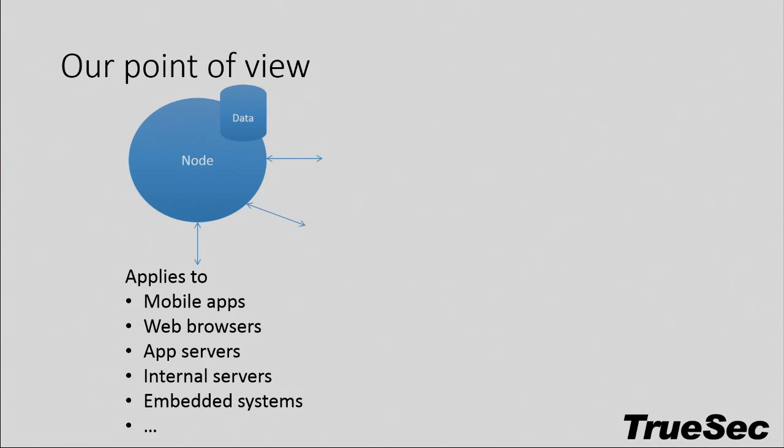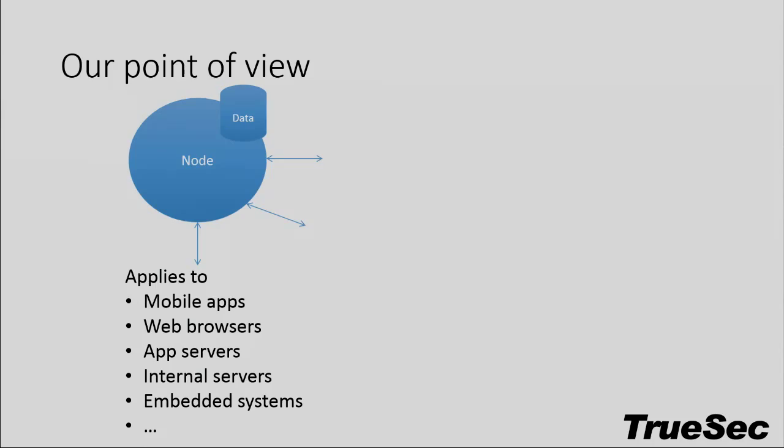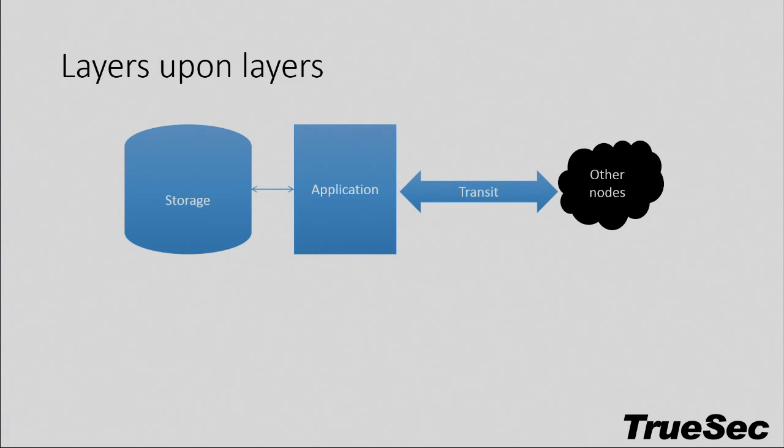So in this case, we could view it as nodes of some sort. Nodes that store data and communicate with the world, and that would apply to everything pretty much, to make it simpler or harder. So in this case, mobile apps, web browsers, embedded systems, what have you. So it's typically an application of some sort that has a lot of logic that you write.